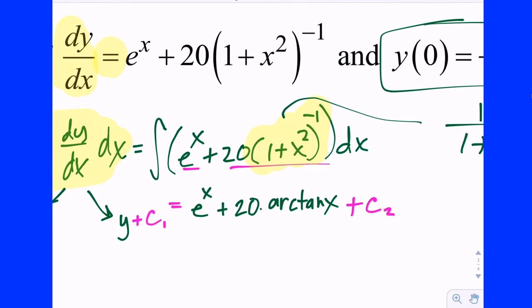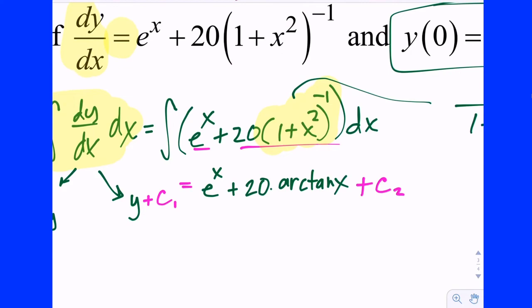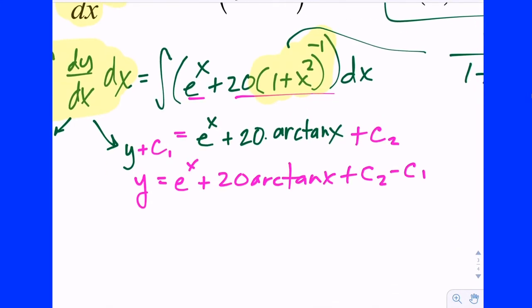Now, we're not done yet because we have to solve the differential equation, which means getting back to y equals. So now it's as simple as subtracting c sub 1 from both sides, and we get plus c sub 2 minus c sub 1. Well, guess what an unknown constant minus an unknown constant is? An unknown constant.